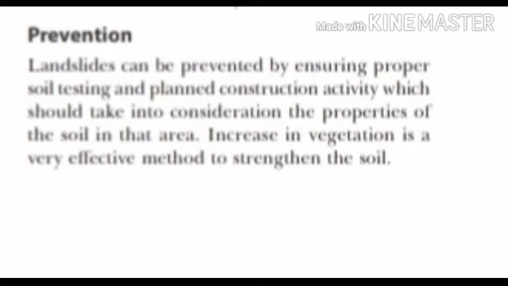Again, vegetation and large trees should not be removed while constructing, and natural streams or drainage paths should not be obstructed during construction. Also surface water should be diverted towards the natural gully, enabling water to drain away quickly from the slope. Hope it's clear now?